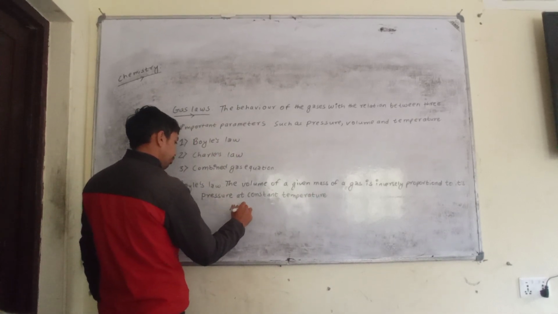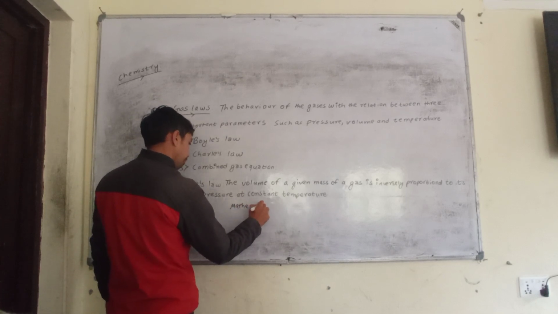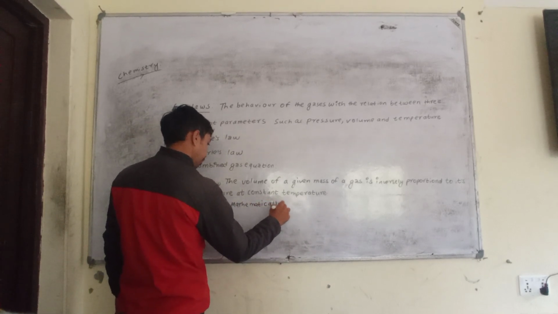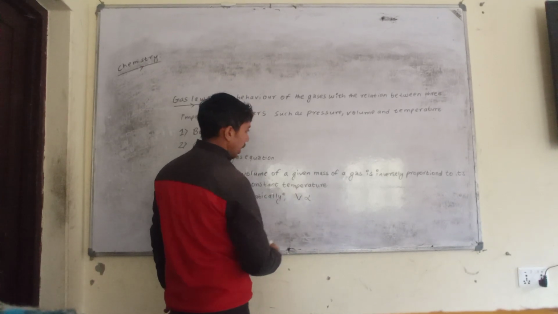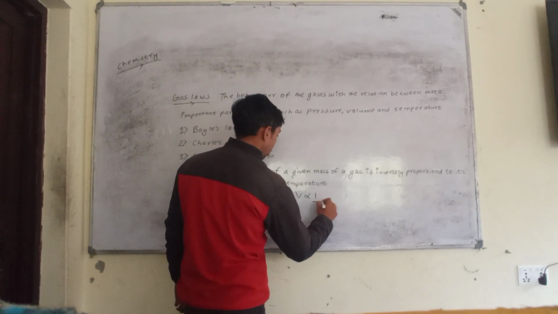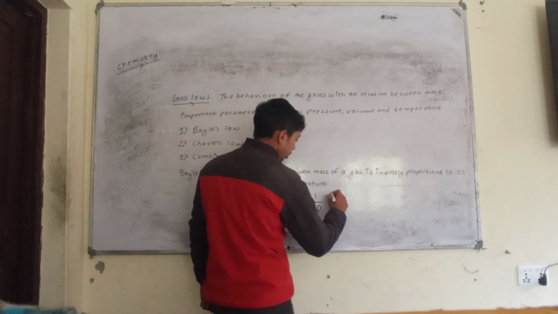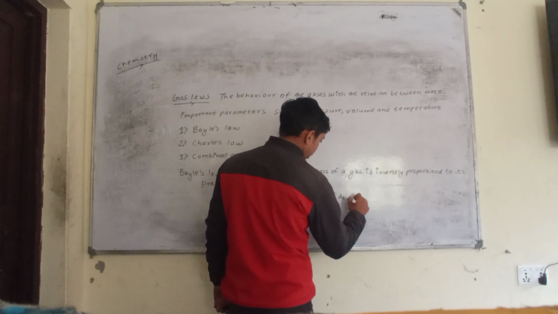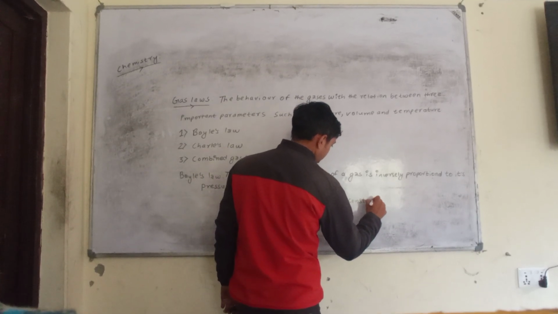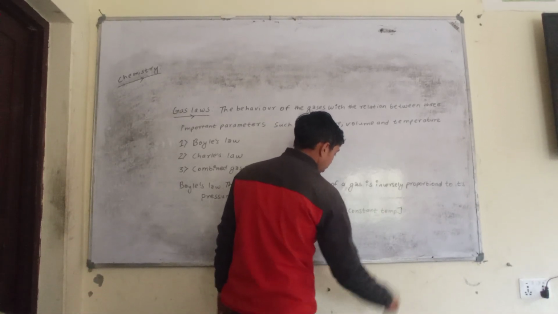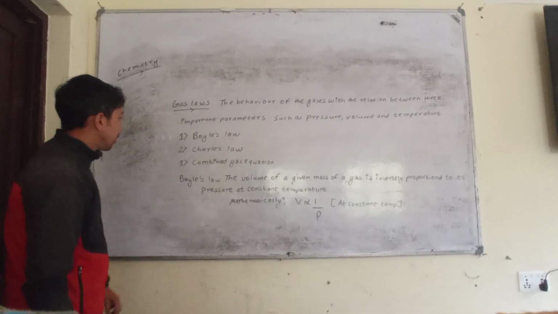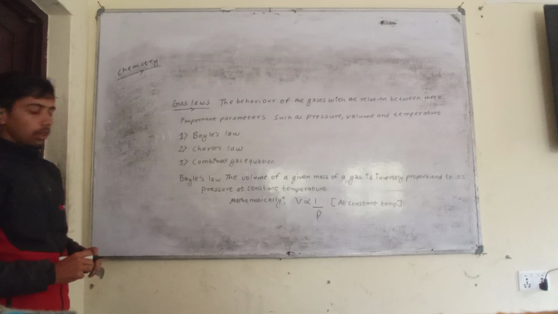Mathematically, volume of a given mass of a gas is inversely proportional to the pressure, but at constant temperature. This is all about Boyle's law.